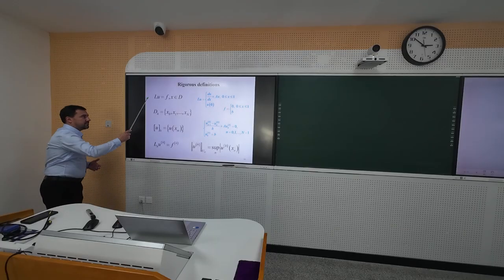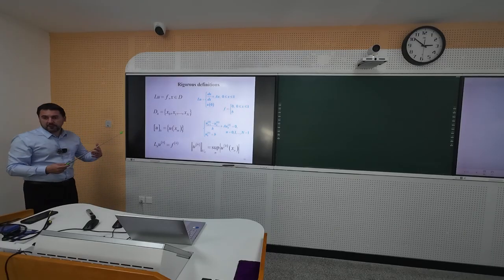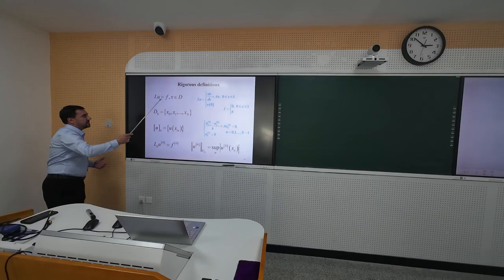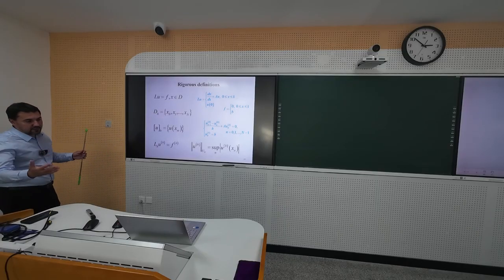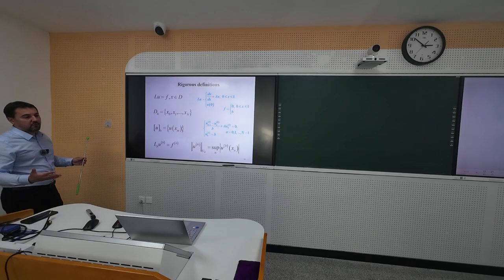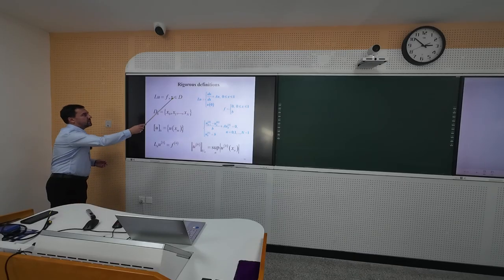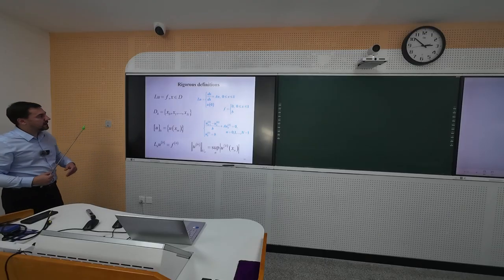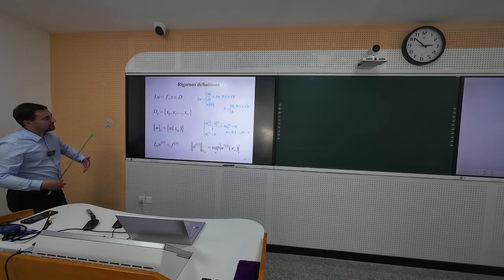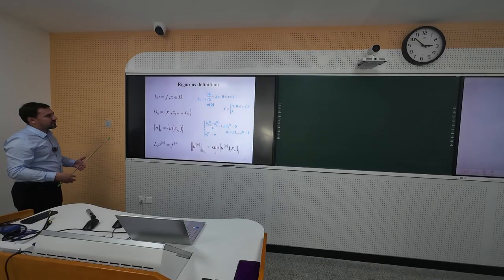It's just a symbolic representation of our initial problem. Let D be our physical domain, the segment between 0 and 1. Then we introduce objects from our numerical world.